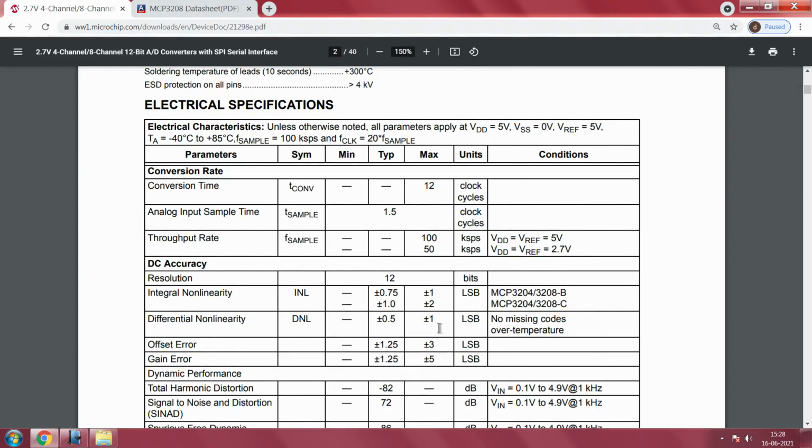Then total harmonic distortion is minus 82 dB, with a Vin of 0.1 volt to 4.9 volt at 1 kilohertz, and signal to noise and distortion is at 72 for the same specification.